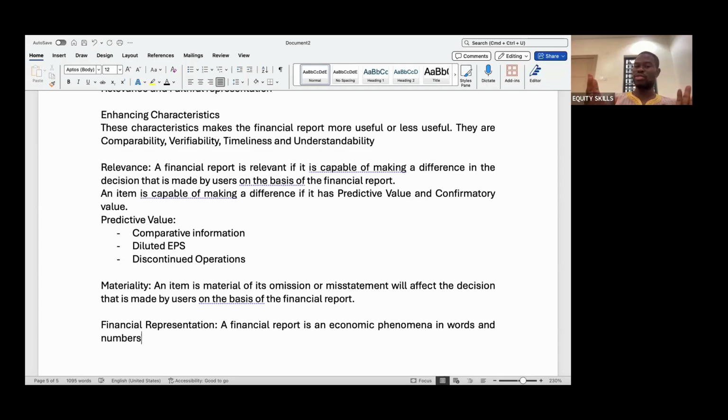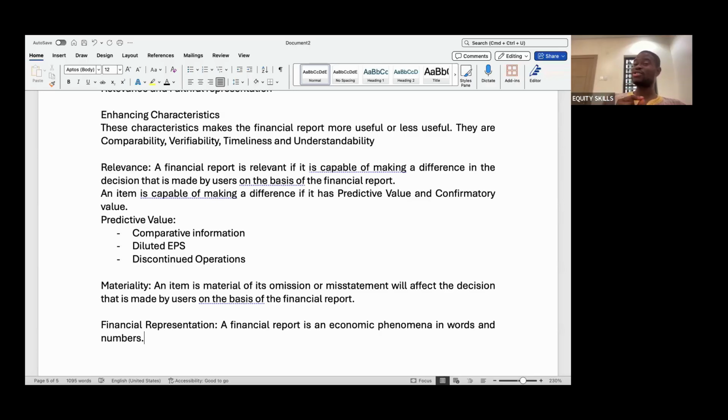That is what a financial report is. So what faithful representation is talking about is this. Those words and those numbers, represent them the way they are. Those numbers, if you made revenue, and the money you're expecting is 100,000, it's 100,000 you should put.